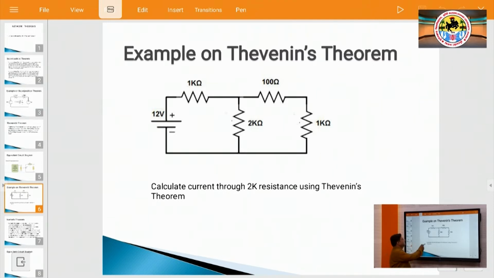Here there is a 12 volt source in series with a 1 kilo ohm resistance, and there are 100 ohm, 2 kilo ohm and 1 kilo ohm resistances, and we find the current through the 2 kilo ohm resistance using Thevenin's theorem. First we simplify the circuit using a single voltage source and a resistance in series, and here we find the current at 2 kilo ohm. So, this 2 kilo ohm is our load resistance.